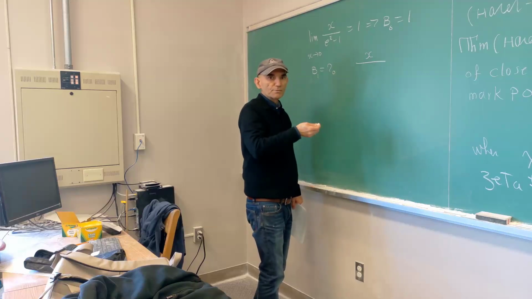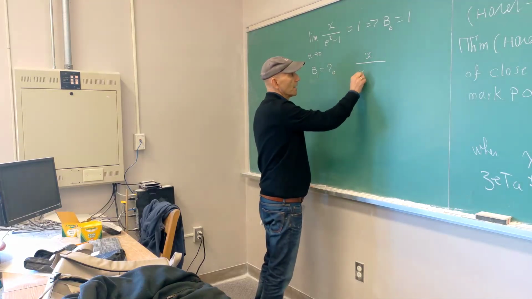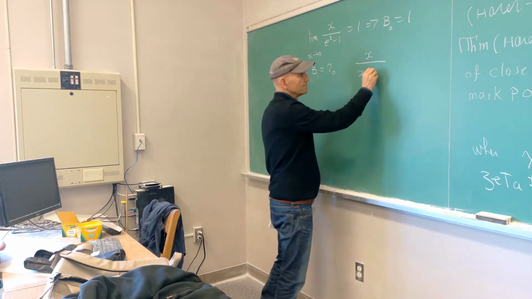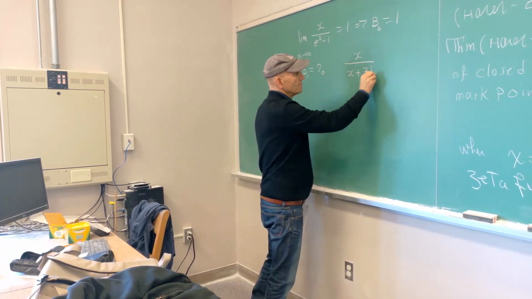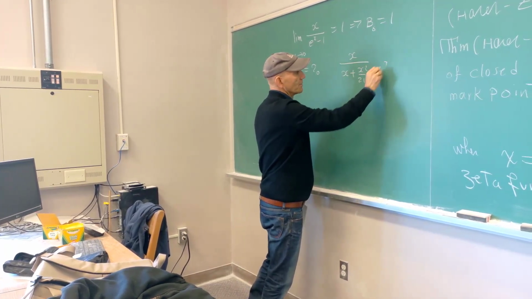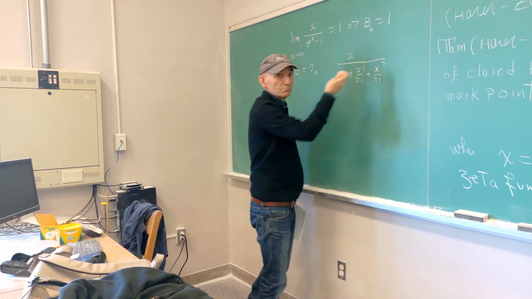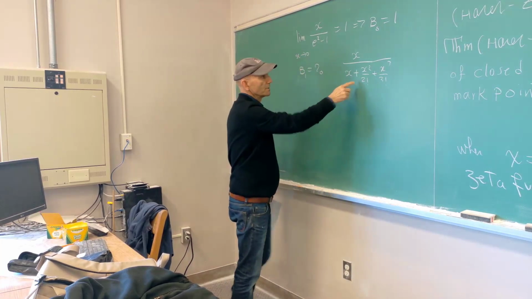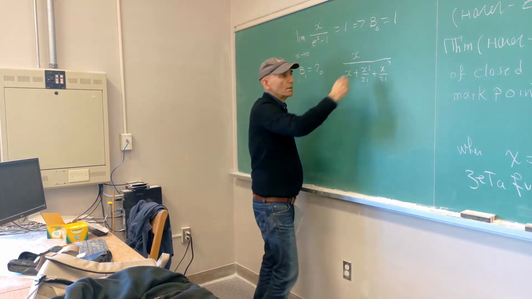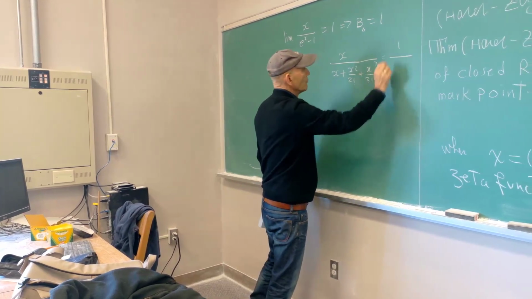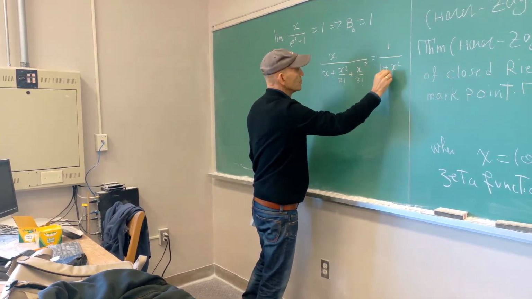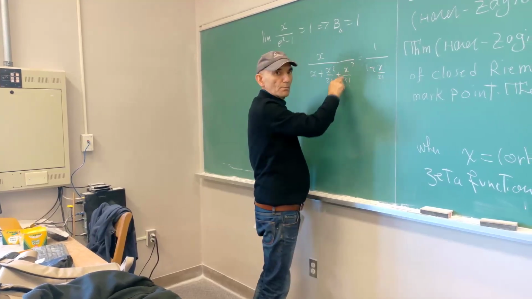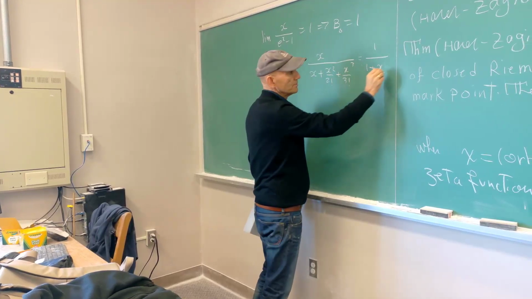If I just compute e to the x minus 1, it's going to be what? x plus x^2 over 2 factorial plus x^3 over 3 factorial, right? Because 1 cancels here. So nice. Now I can simplify by x. So this is equal to 1 over 1 plus x over 2 factorial, right? Plus x^2 over 3 factorial.